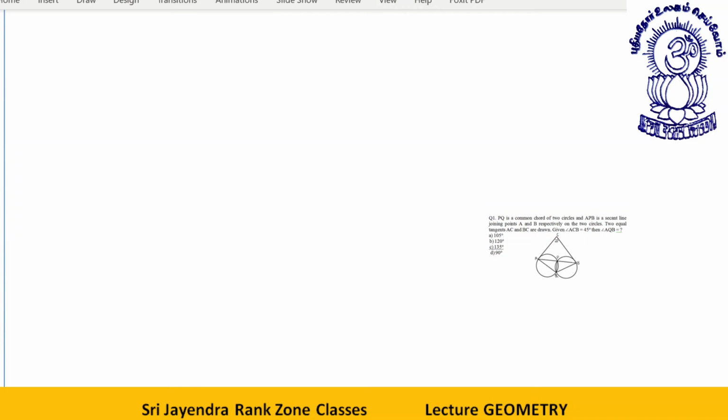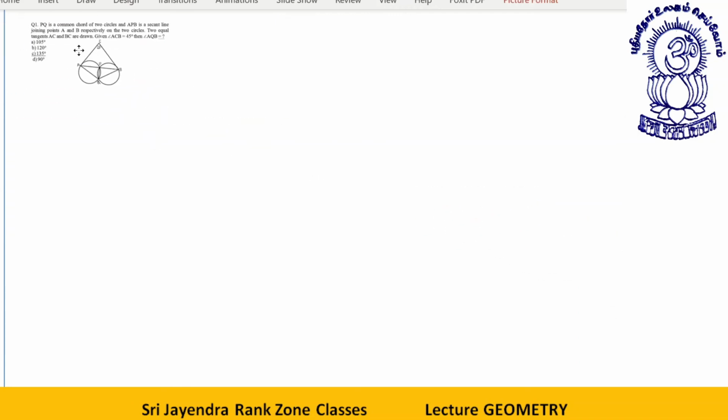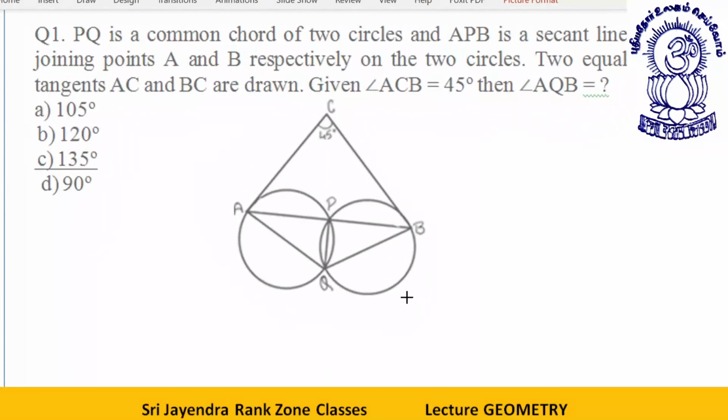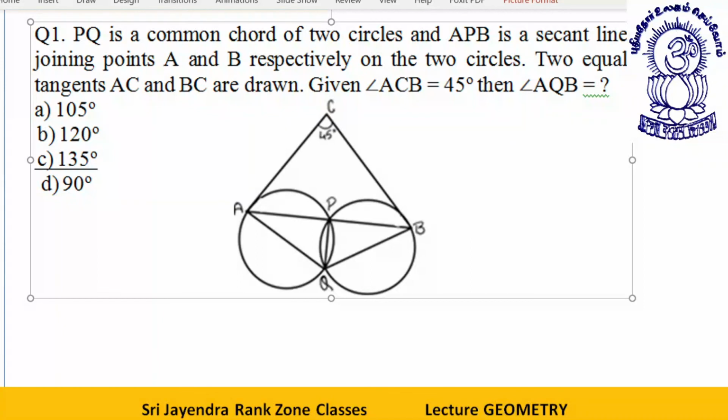The next question is, PQ is a common chord of the two circles, and APB is a secant line joining points A and B. Two equal tangents AC and BC are drawn on the two circles.